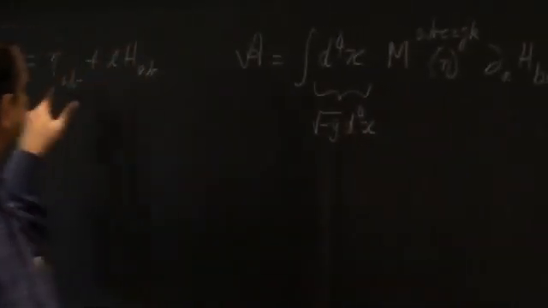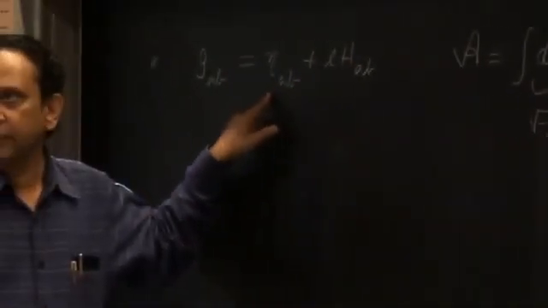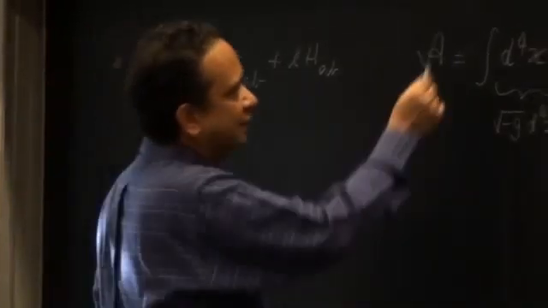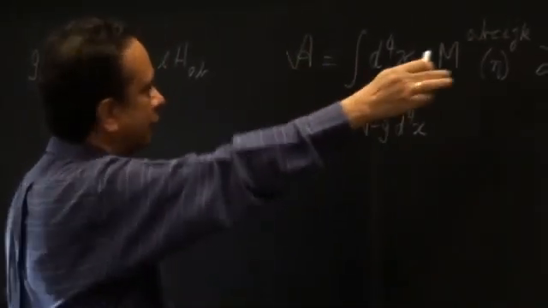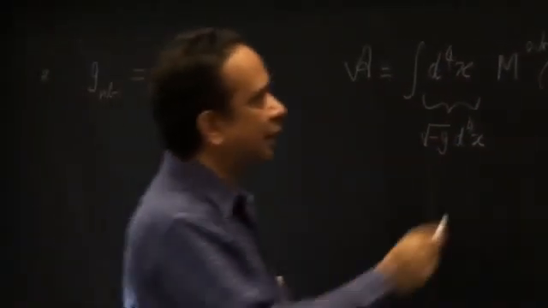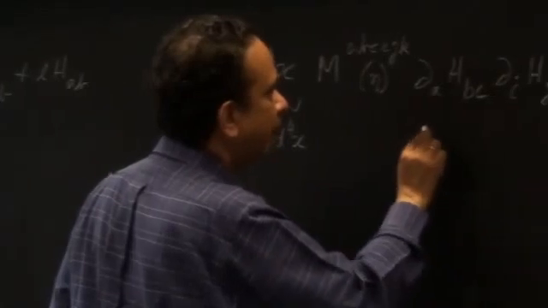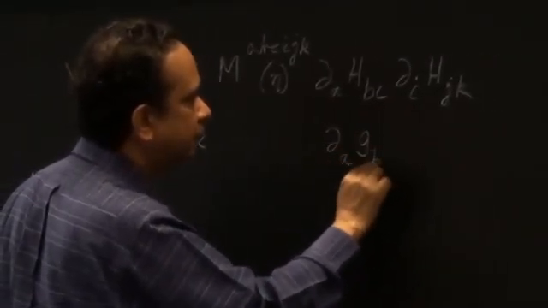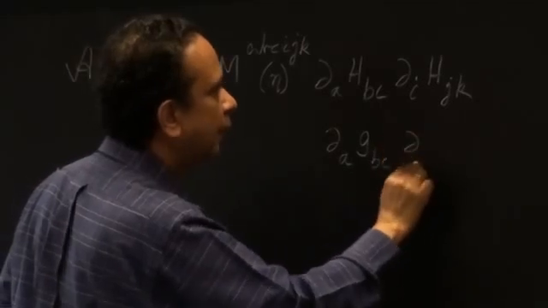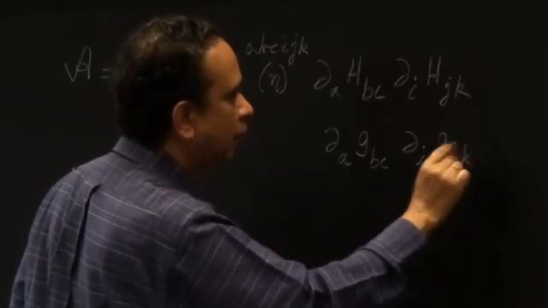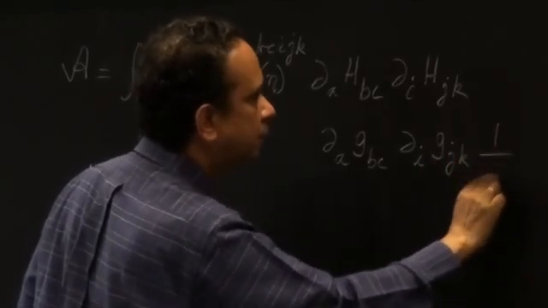Then since this eta_ab has 0 covariant derivative, presumably I am also allowed to, okay, there is this h_ab with this L factor coming in. So I will replace this by ∂_a g_bc ∂_i g_jk times 1/L².